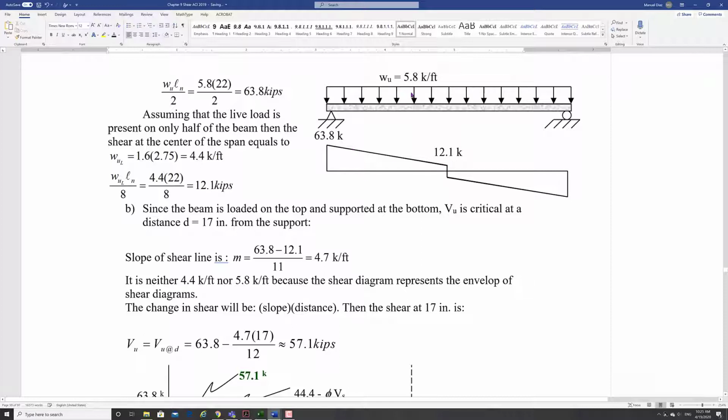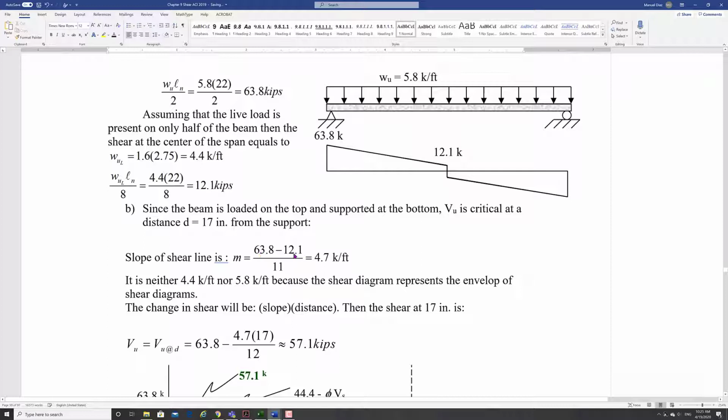Remember, the shear diagram for this load like this, like it is shown here, will go through 0, right? That's a different slope. And so we will get the wrong values. So we have to use the figure. Okay? To use the figure, what I did is simply found an equivalent slope, right? And what is this slope? This slope is nothing else but my equivalent load, right? That's what it is.